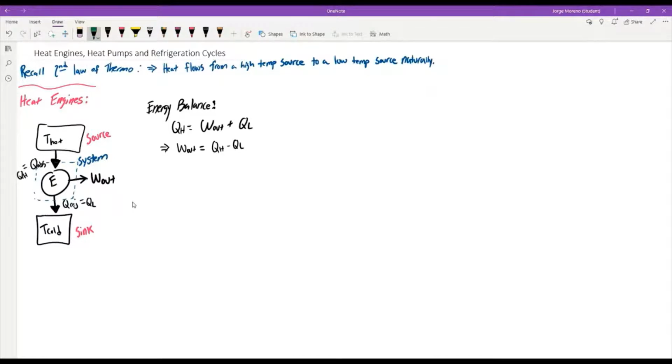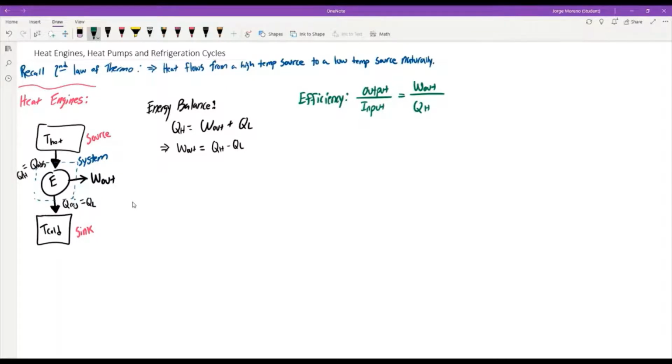And another equation that we can relate with heat engines is the efficiency. So if you wanted to know how efficient this device is, well, this equation. Since our desired output is our work out, because we want this engine to produce work, and the input is what you're providing, what you're fueling it with. In this case, we're fueling this with our Q hot, which is Q absorbed in this case.